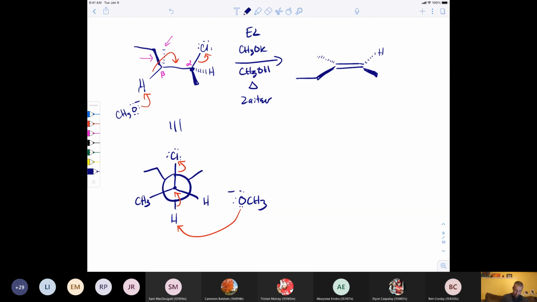So the way I'm drawing this, you're looking at it on the edge. If you want to look at it from a different perspective, that's going to be like that. And this has the bigger groups, or the higher priority groups, on both sides together, so this is going to be Z.